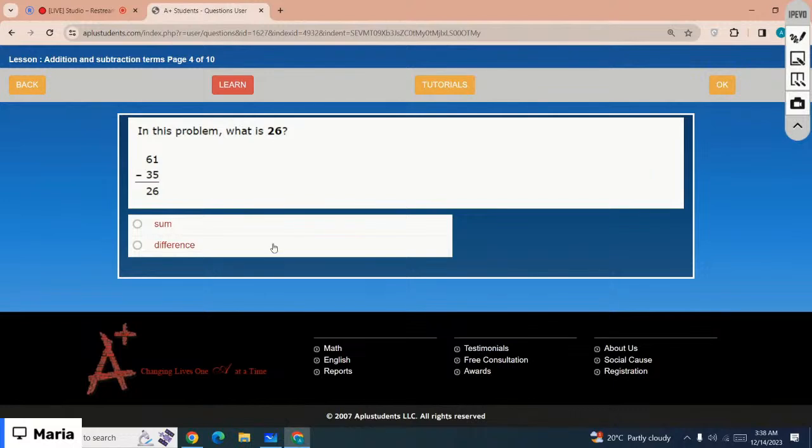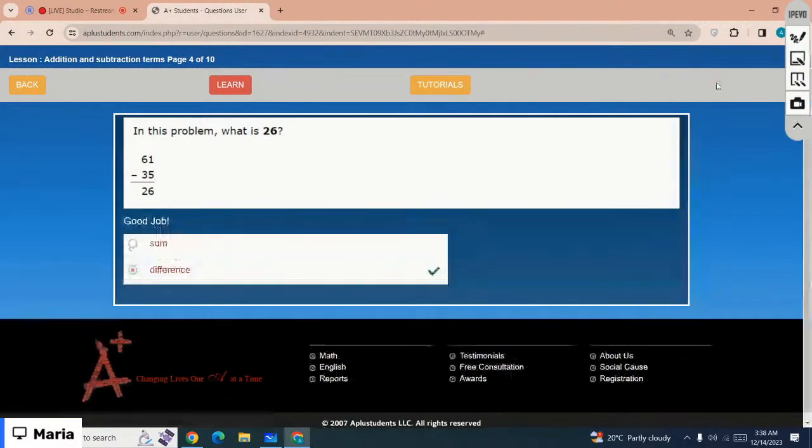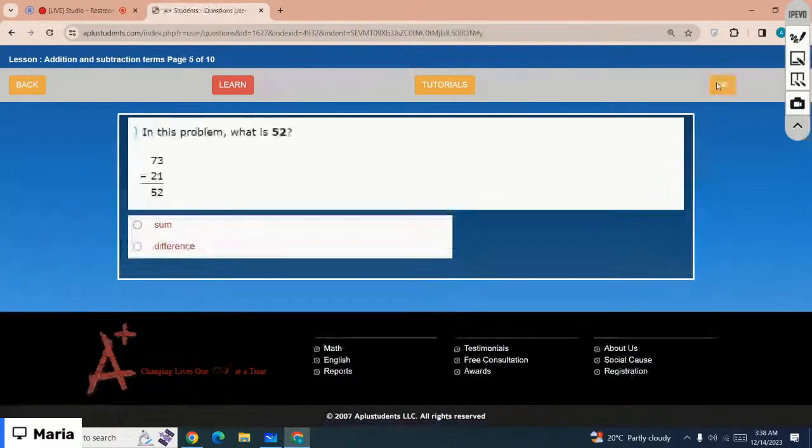Very good. The correct option is difference. Okay, in this problem, what is 52? Which is the correct option?